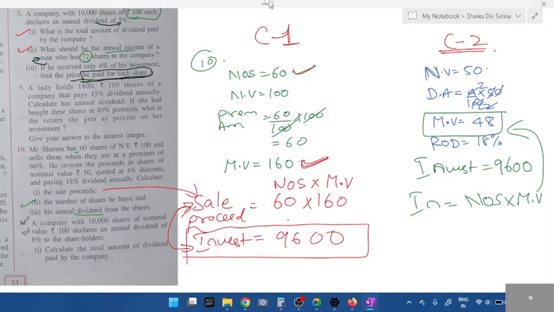So just remember the sale proceed formula: number of shares into market value, same like investment. Basically you're switching the company from company 1 to company 2.